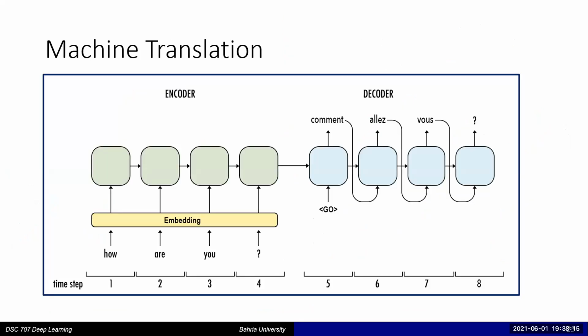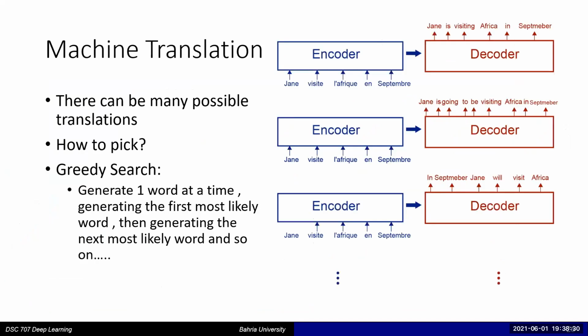But anyway, let's come back to the translation problem, which we'll see in a little more detail, where we are feeding it an English sentence and it is generating the French translation, or vice versa. So let's see how it will work. The first thing we should discuss is that for any sentence in a language, there can be multiple possible translations.